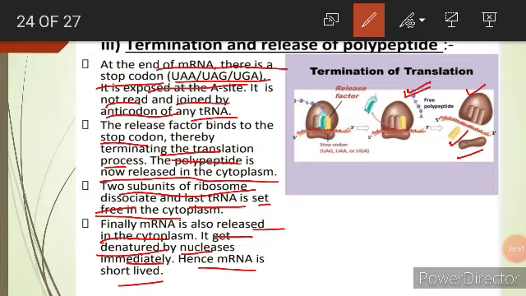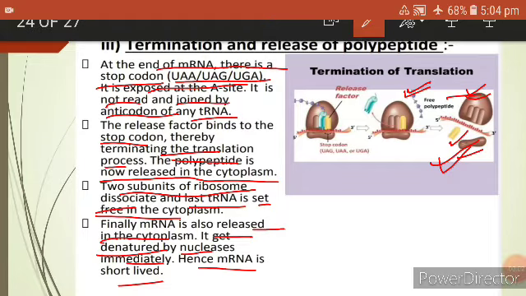The matching termination factor, or releasing factor, will be present on the A site, and after its attachment, translocation will occur once again on the ribosome. What is the sequence of translocation? It is the shifting of the polypeptide chain to the next tRNA. Since there is no tRNA present here, there will be a release of the polypeptide chain. So we get a polypeptide chain, and both the ribosome units are separated. So that is about the termination.